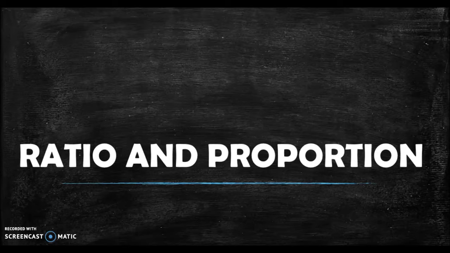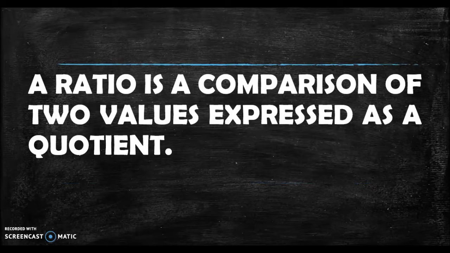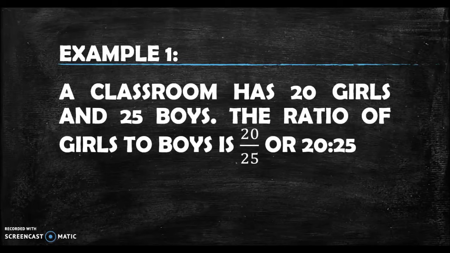Very good. Our lesson for today is ratio and proportion. So, what is ratio? A ratio is a comparison of two values expressed as a quotient. For example, a class has 20 girls and 25 boys.